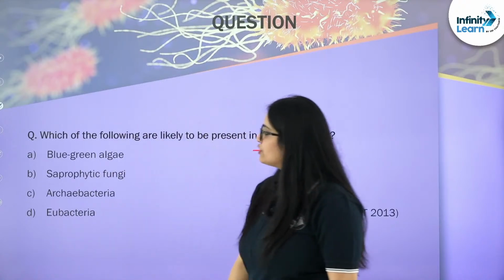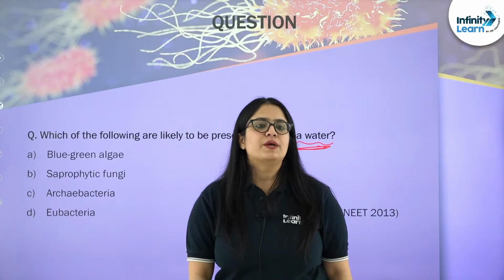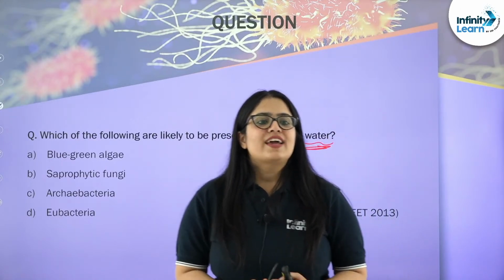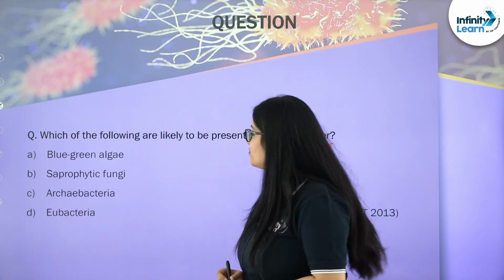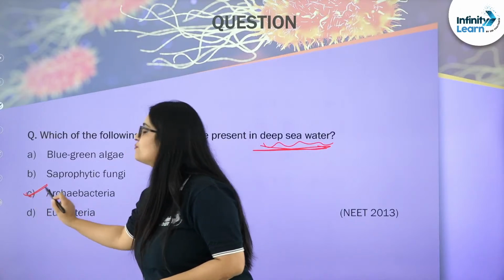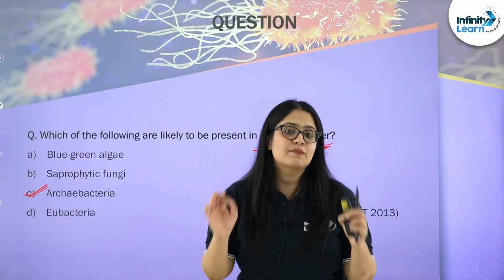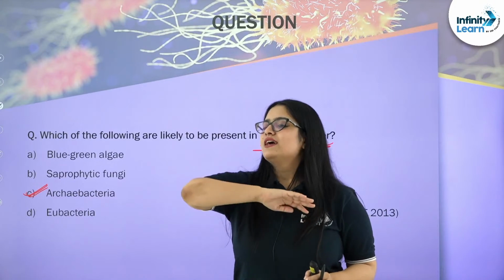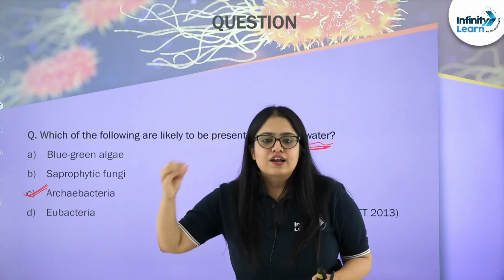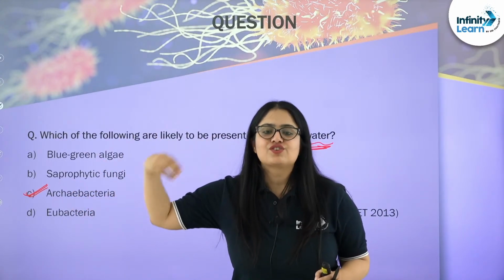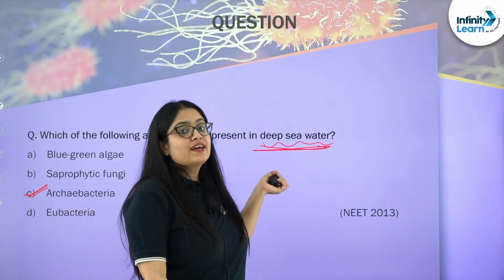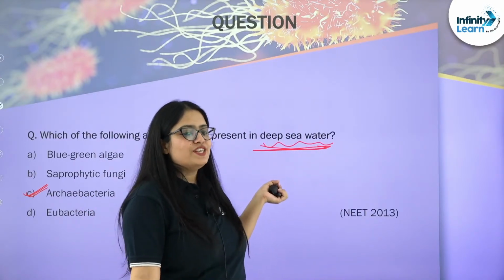What do you think? Which one should be? Come on, give it a try at least, my kids. Yes, it should be archaebacteria, because not to forget my kids, archaebacteria are the ones that can live in the harshest possible situation or habitat. Harsh as deep sea water.